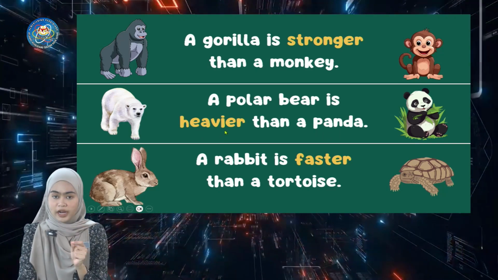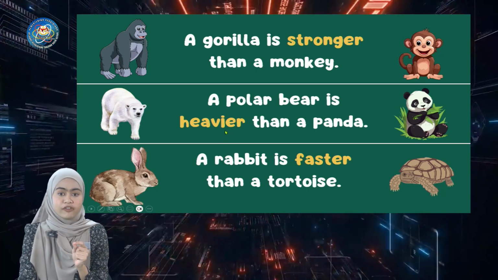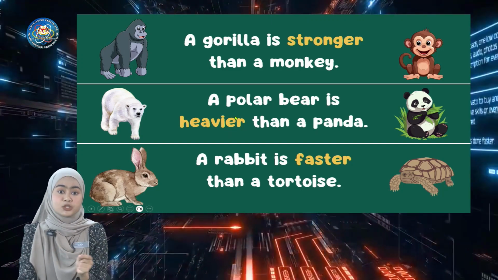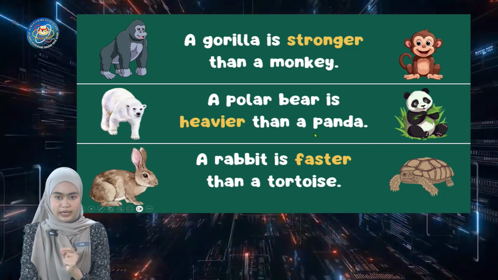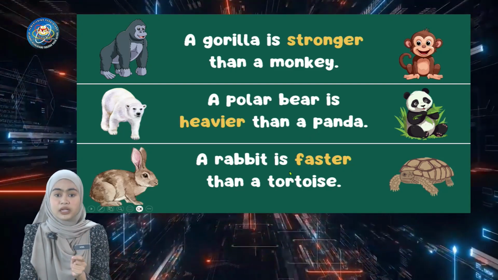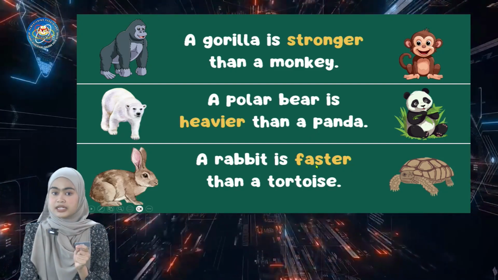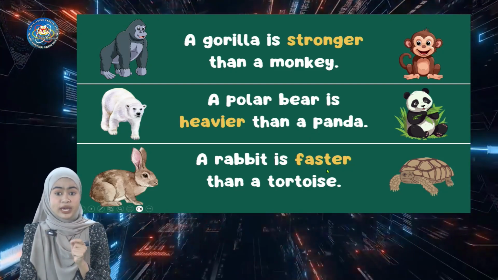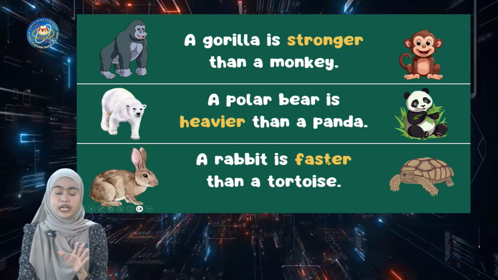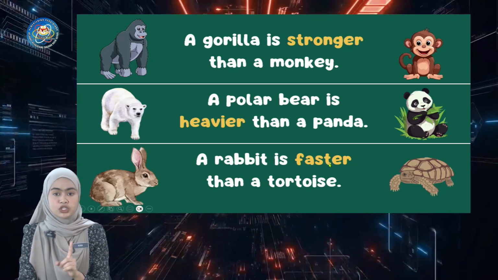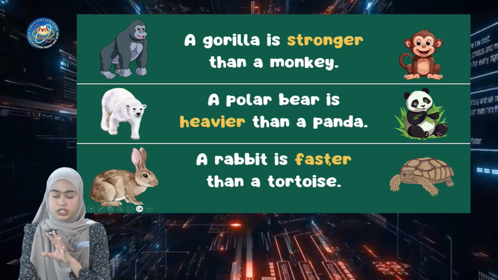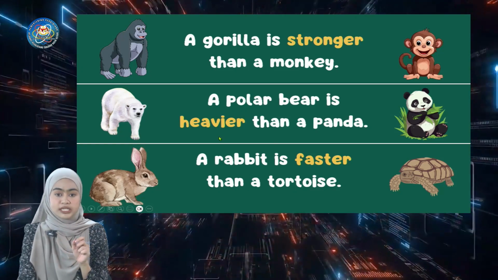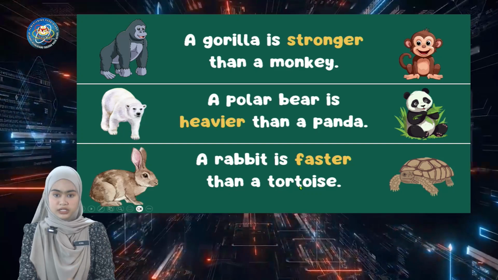Heavier is the comparative adjective used to compare a polar bear and a panda. And the last example: a rabbit is faster than a tortoise. Here the comparative adjective faster is used to compare two nouns, two animals, a rabbit and a tortoise.